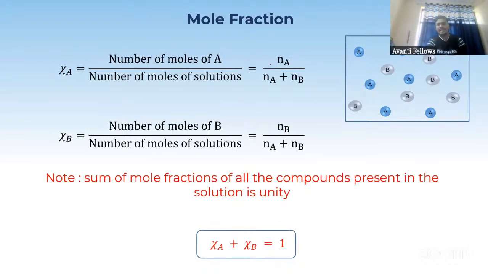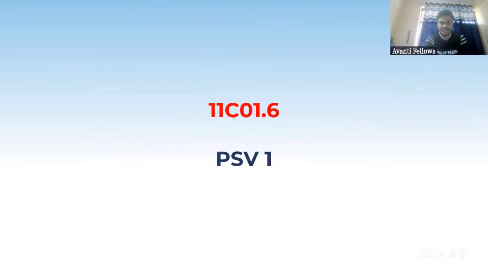Obviously, Na divided by Na plus Nb, plus Nb divided by Na plus Nb, when you add these two, the value comes out to be 1. So if you calculate one mole fraction, you can also calculate the other by just subtracting the value of the first from 1. 1 से आप उसको minus कर दो तो अपने आप आंसर आ जाएगा.